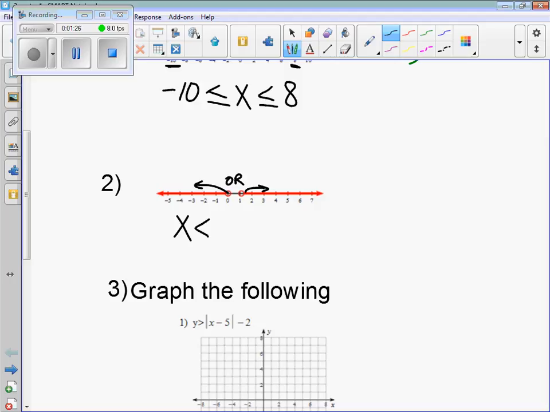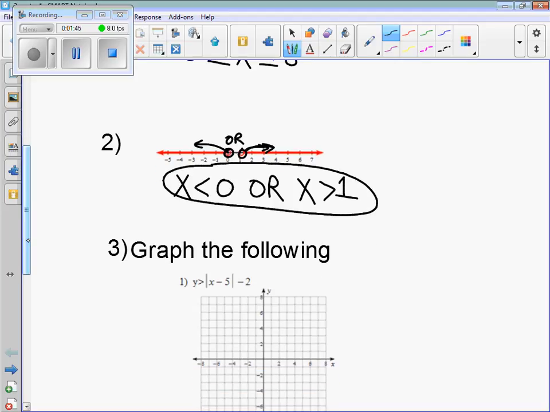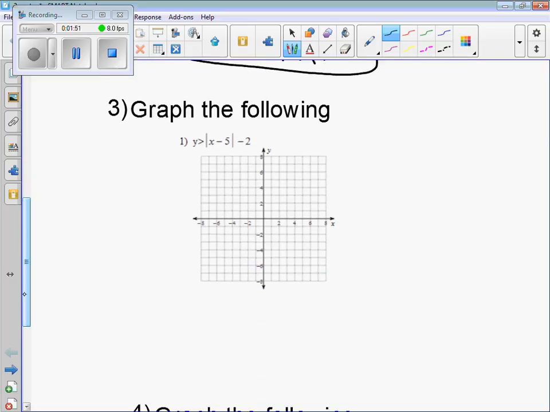It's x less than, not equal to, because it's an open circle, less than 0, or open circle at 1, so x is greater than 1, going to the right. So either can happen. Either x has to be less than 0, or x has to be greater than 1. Not both, either one.